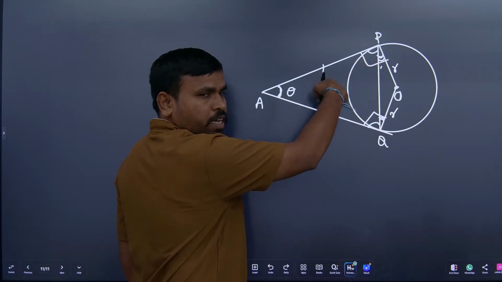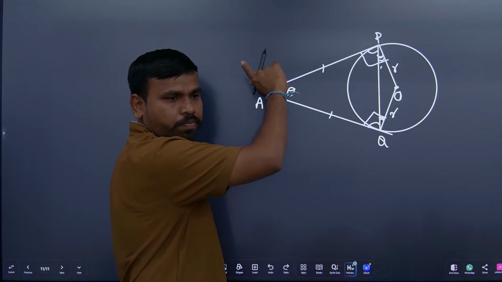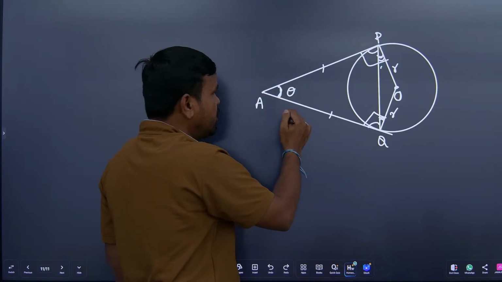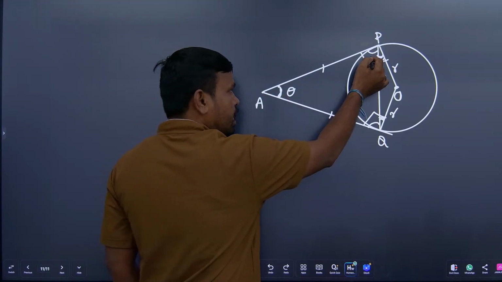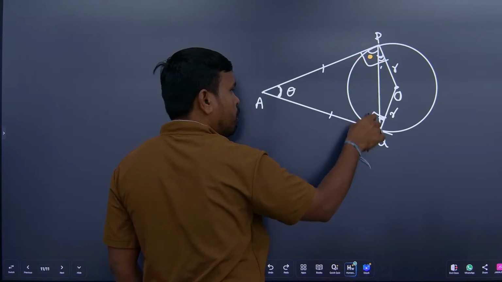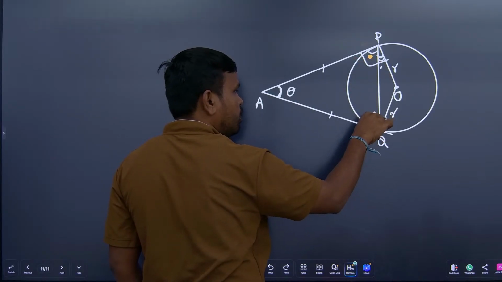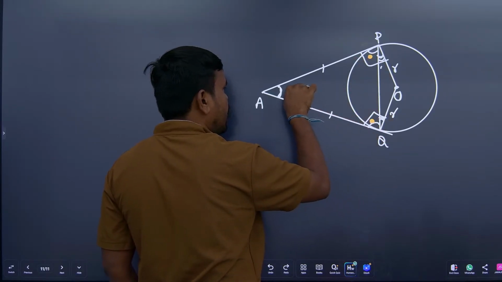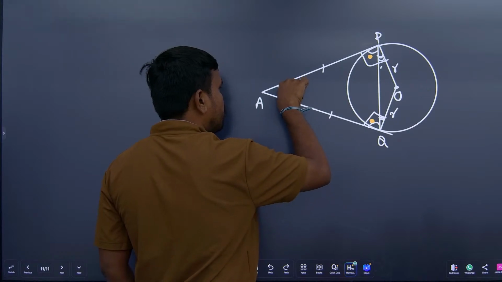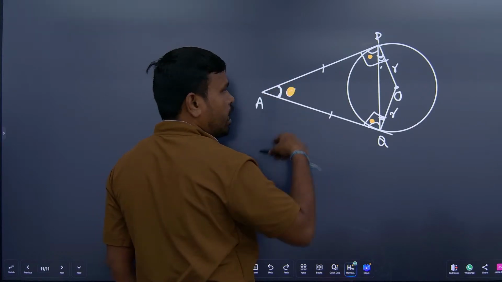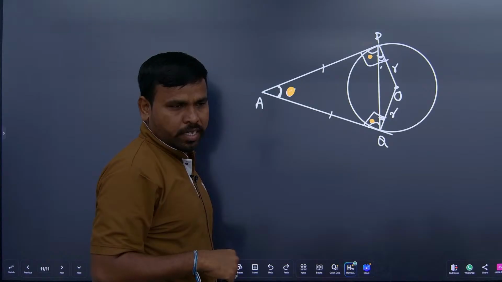The sum of the angles in a triangle is equal to 180 degrees. So this angle plus this angle plus this angle, these three angles are equal to 180 degrees.